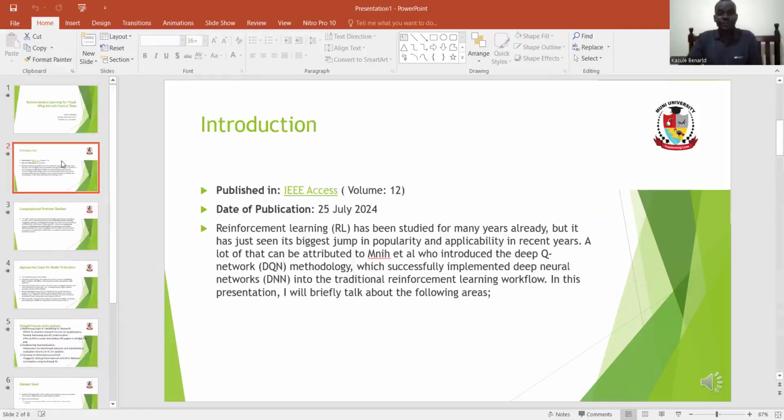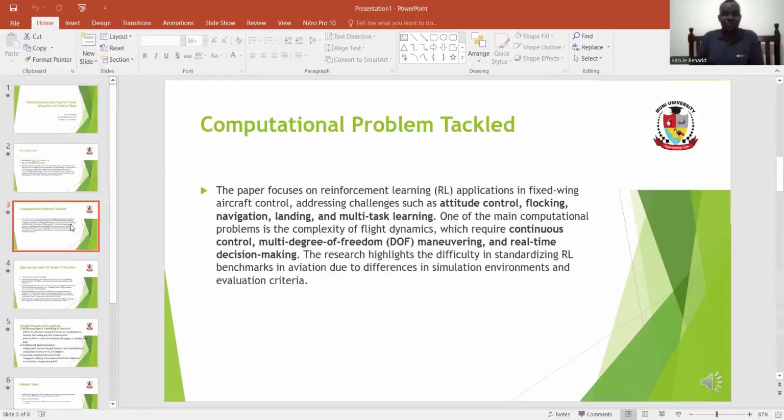So, coming back to the computational problem that we tackled, we realized that this paper was focusing on RL applications. Whenever I say RL, I mean reinforcement learning. It focuses on RL applications in fixed-wing aircraft control, addressing challenges such as altitude control, slope navigation, landing, and multitask learning.